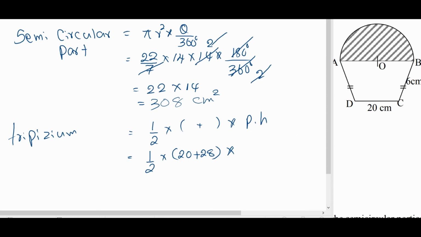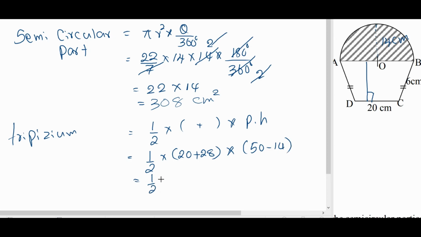Here we know this is a radius of 14 centimeters, and the whole height is 50 centimeters. Then the perpendicular height should be 50 minus 14 centimeters.